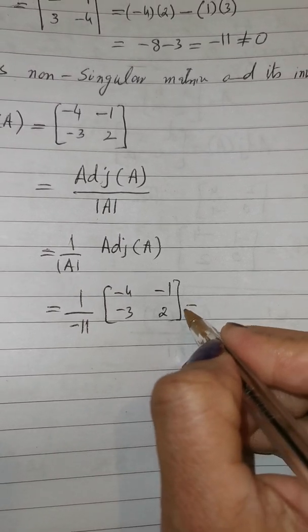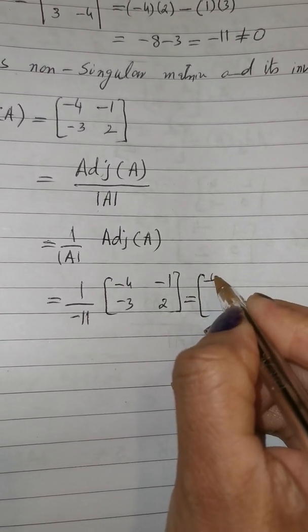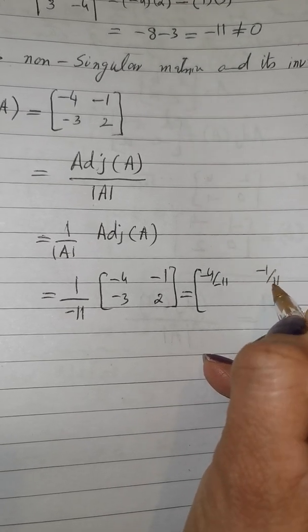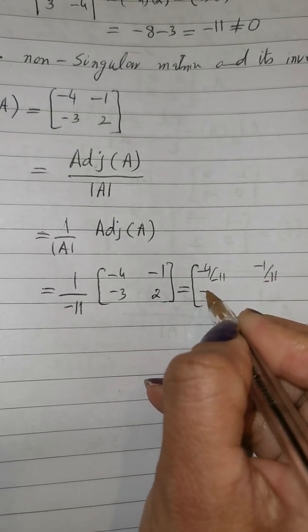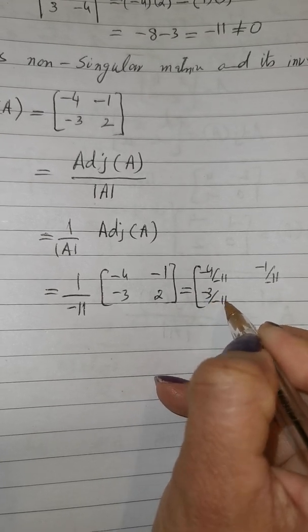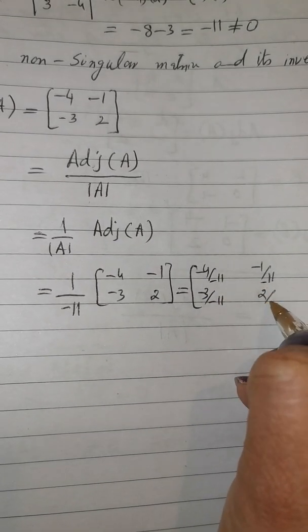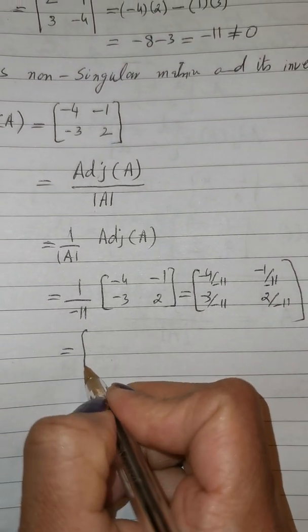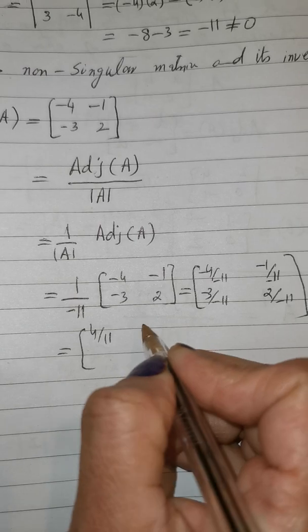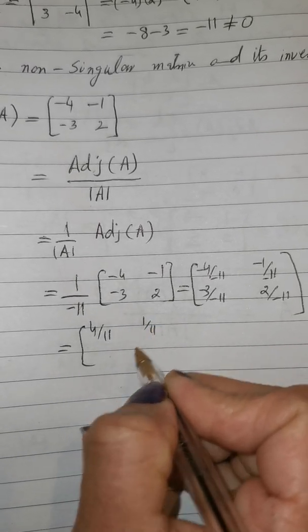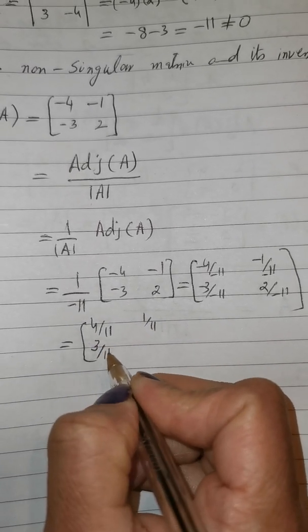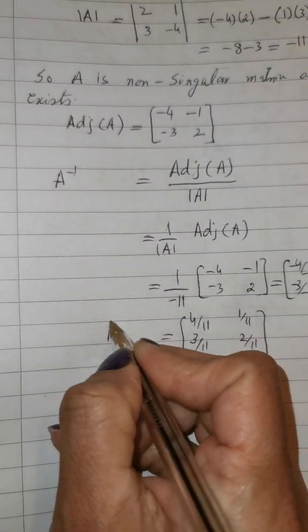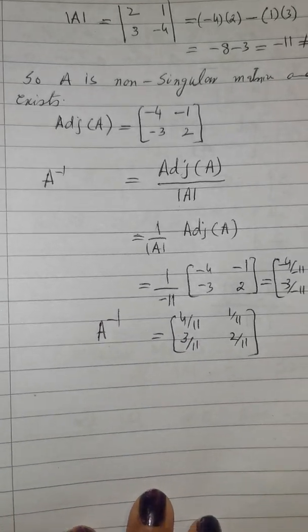So the answer of this will be -4 over -11, -1 over -11, -3 over -11 and 2 over -11. So its answer will become, minus will cancel minus sign, 4 over 11, 1 over 11, 3 over 11 and -2 over 11. This is our A inverse, right?